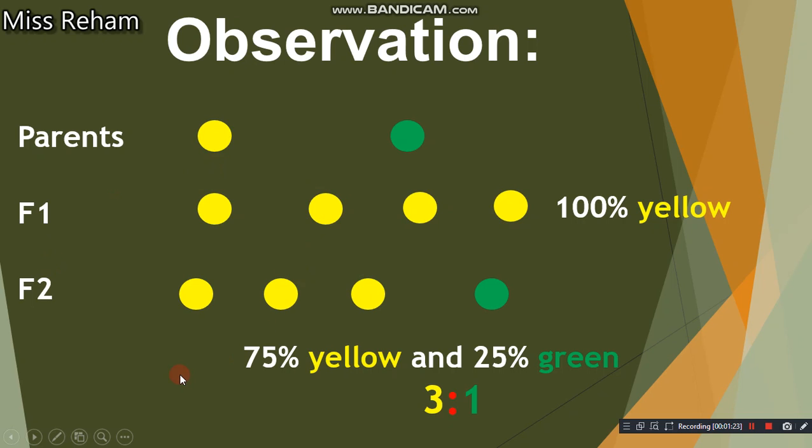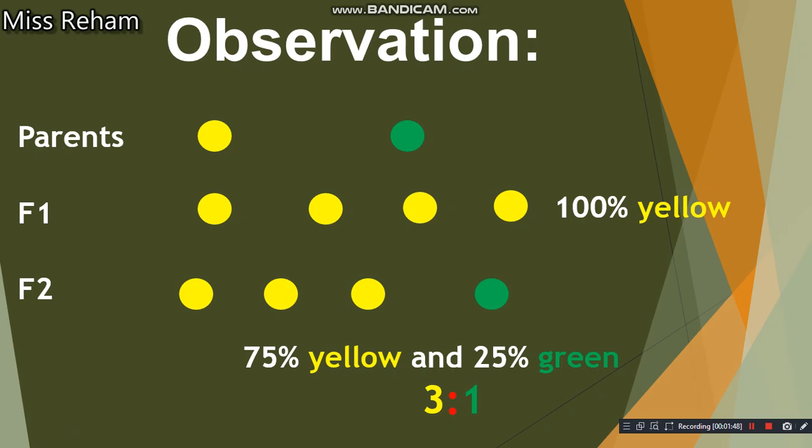Okay? Number 2, Mendel called the green color of seeds a recessive trait. Pay attention. Yellow is a dominant trait and green is a recessive trait.